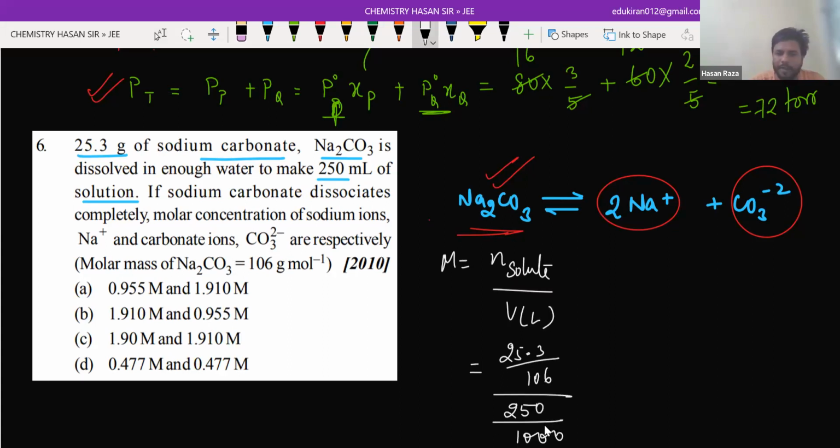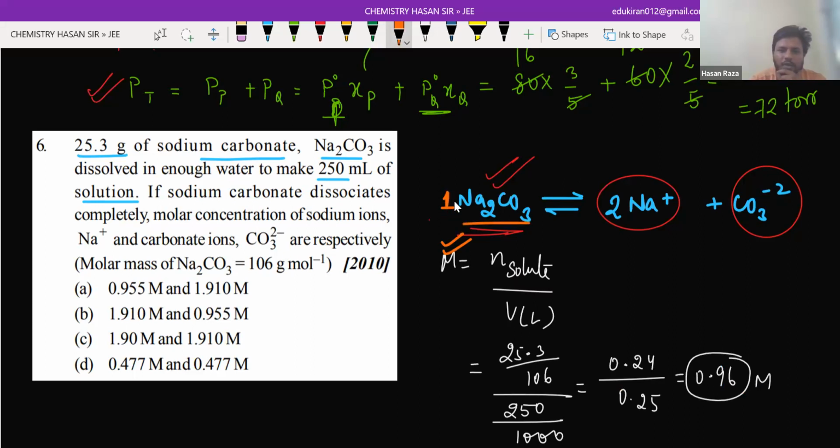So we need to divide it by 1000. 25.3 divided by 106 will be equal to 0.24, divided by 250 divided by 1000, that is 0.25. So 0.24 divided by 0.25 will be equal to 0.96 m.